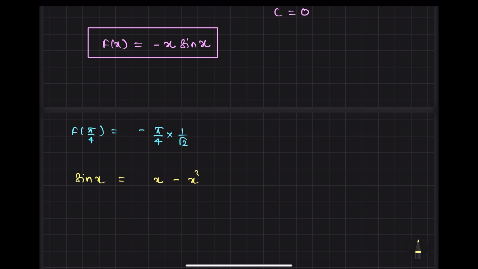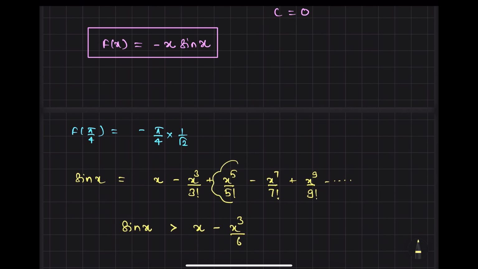So it is x, then minus x cube, plus x power 5, x power 7, x power 9, over 3 factorial, 5 factorial, 7 factorial, 9 factorial, dot dot dot. Correct? So if you observe this, can I write that sine function, just being super slow, sine x is bigger than x minus x cube by 6. 3 factorial is 6.